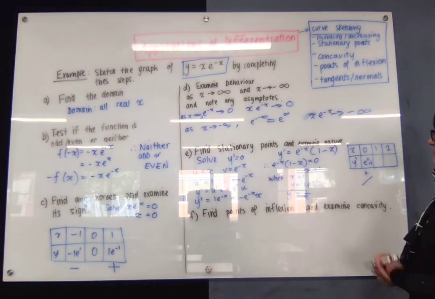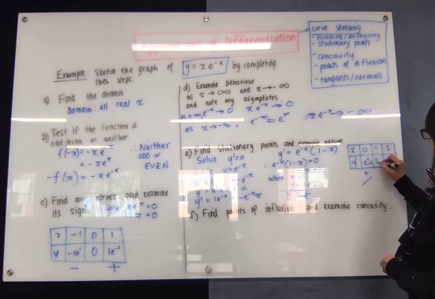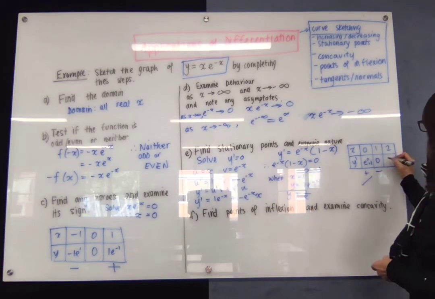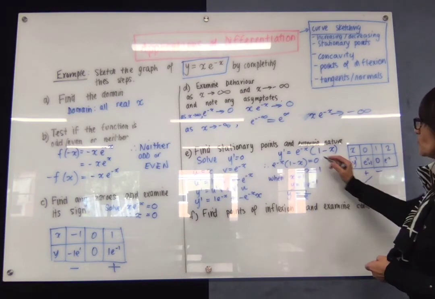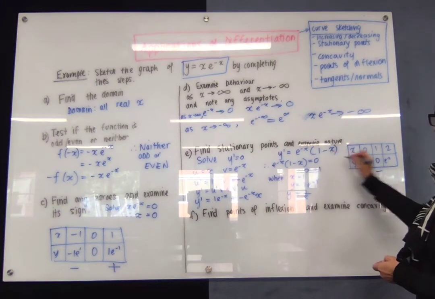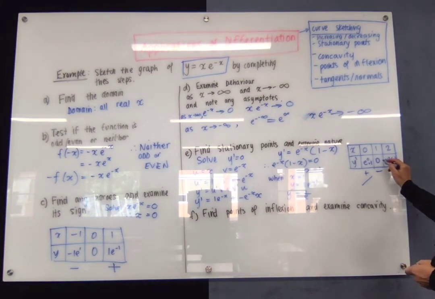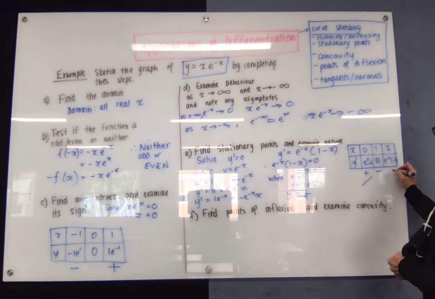which is increasing. We know this result here is 0, and then when we substitute 2 in here, e to the negative 2 times 1 minus 2, which is negative 1. So we can see negative 1 times e to the power of negative 2 is going to give us a negative result.